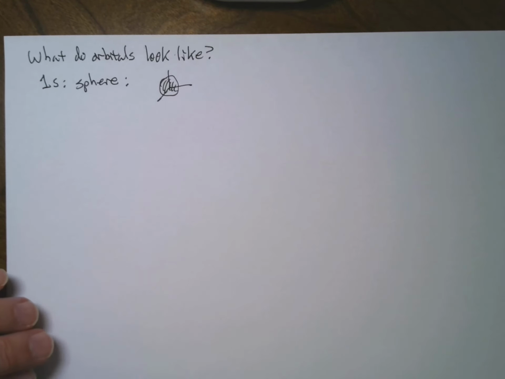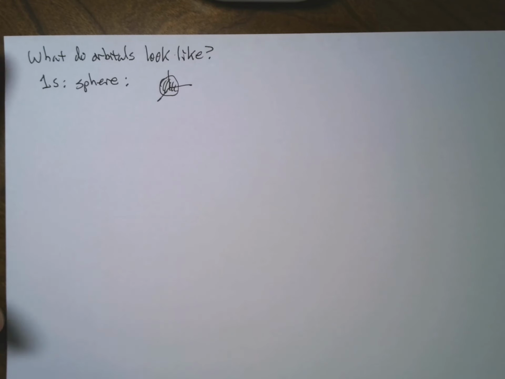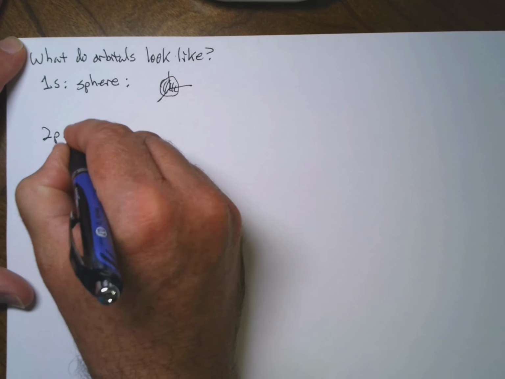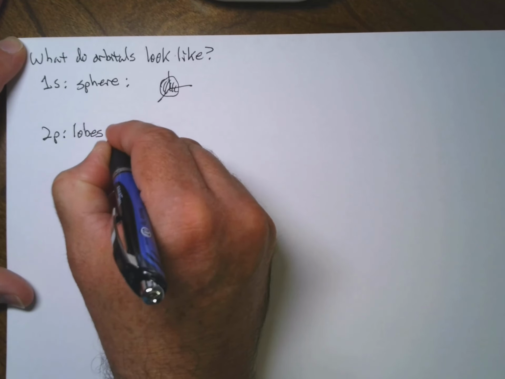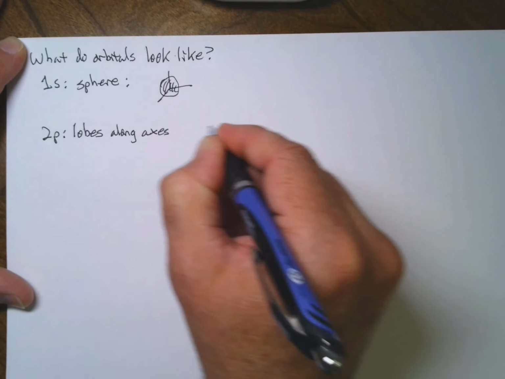Now, we don't have any 1p orbitals because our quantum numbers don't allow for that. But we do have 2p orbitals. So we have lobes along the axes.